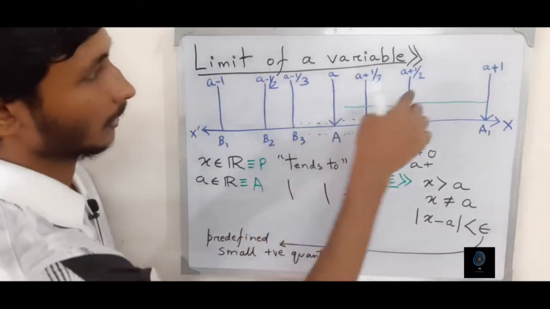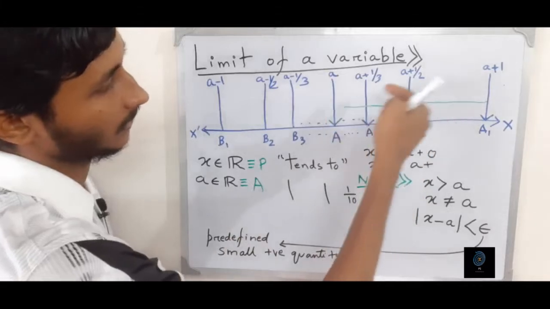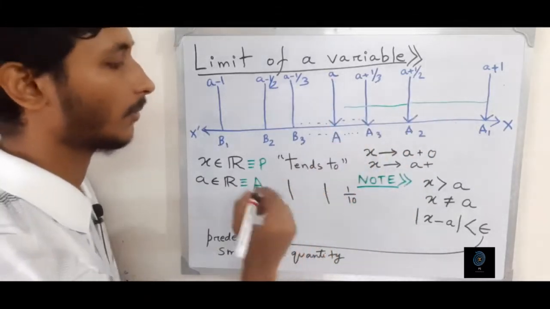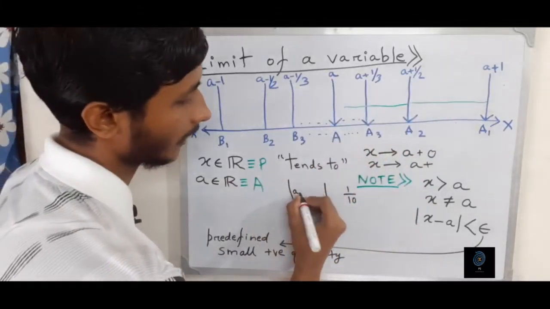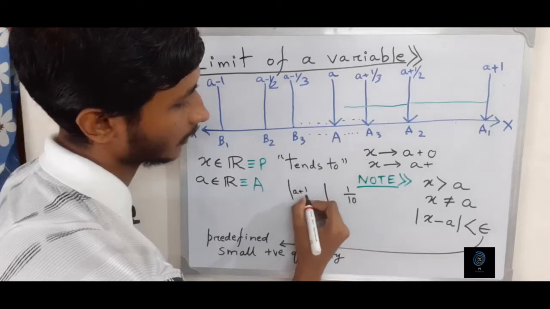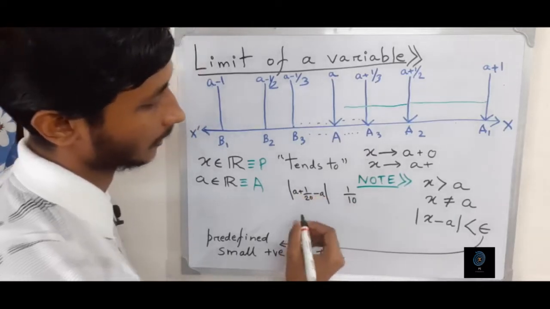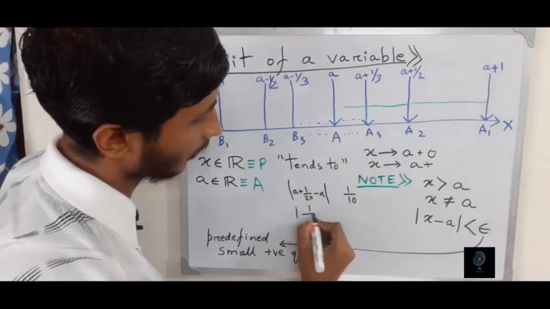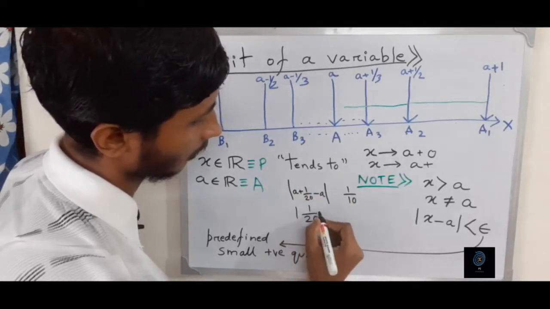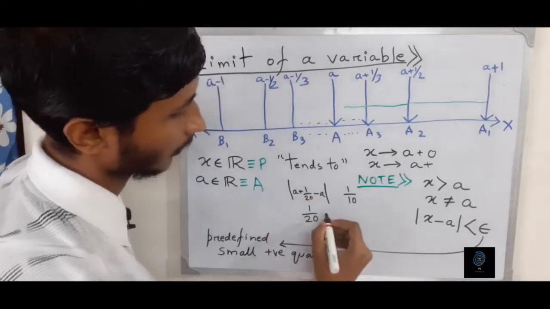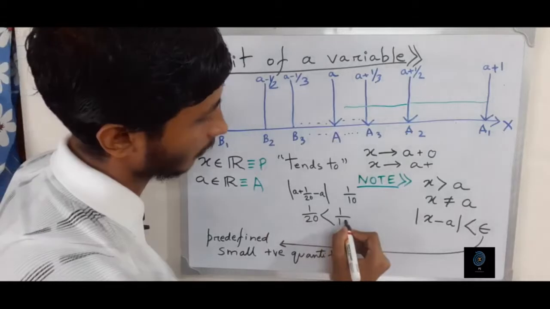Now as x approaches from this direction towards a, at some point x can take the value a plus 1 by 20. Then this absolute difference will be 1 by 20, which is less than 1 by 10.